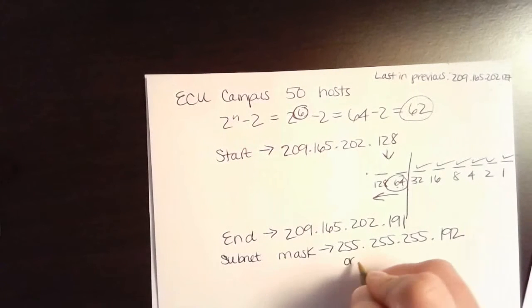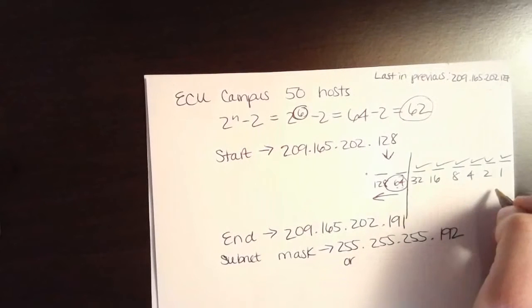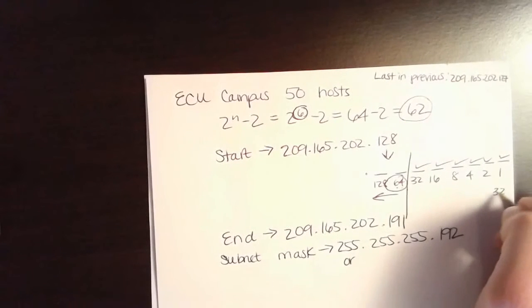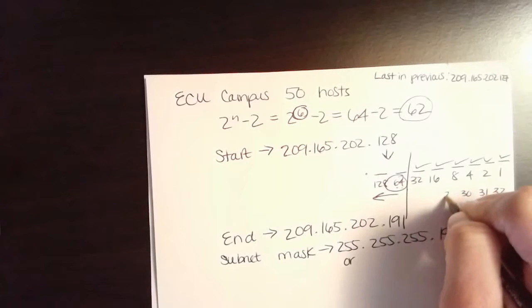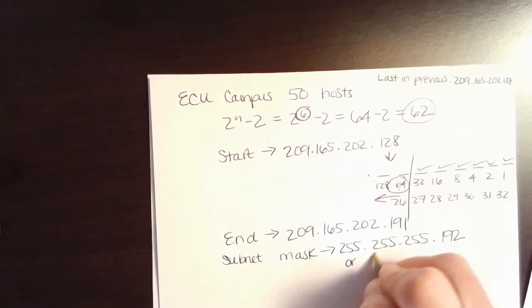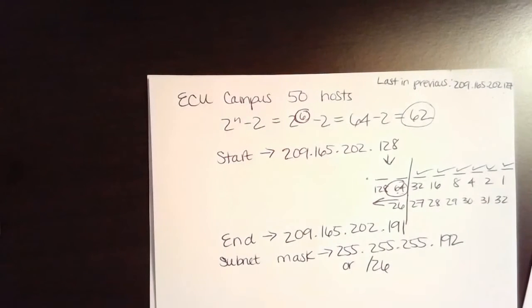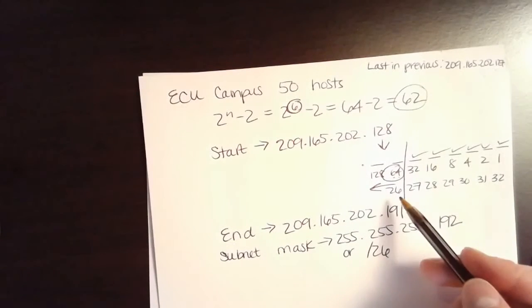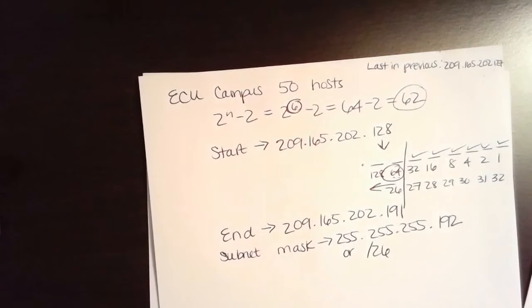Or in slash notation, slash 26, because that 64 value there is the 26th placeholder or bit. So based off of that, we're going to fill in our chart.